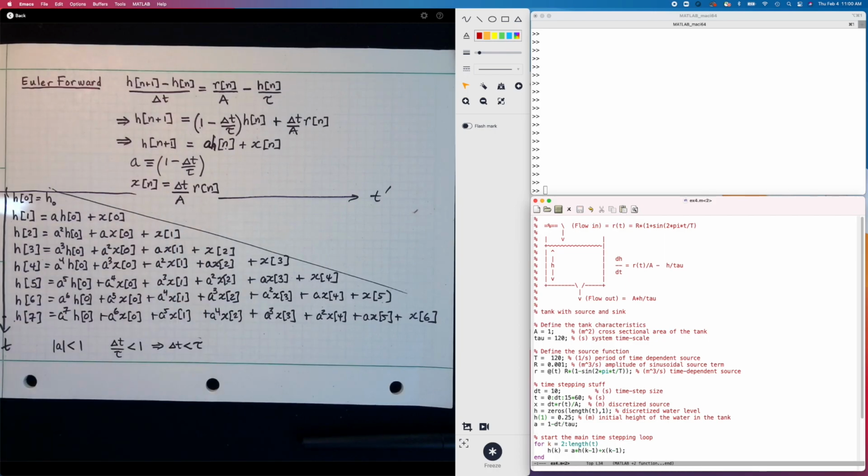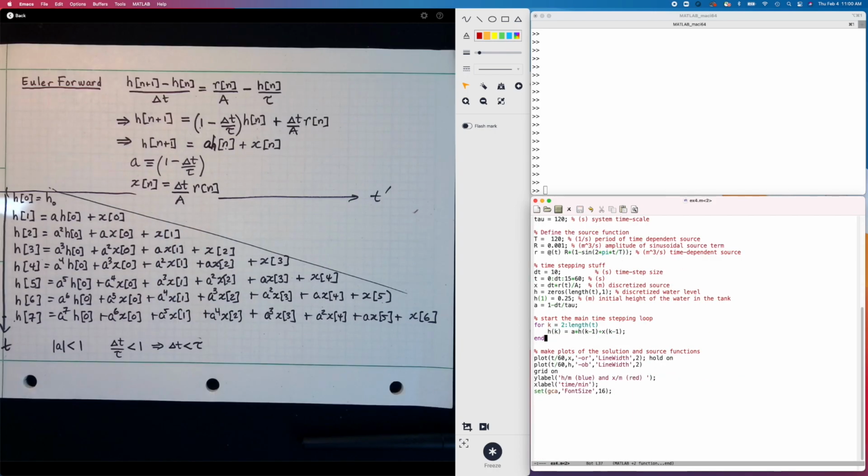And then I do the loop to do the Euler forward time stepping scheme. So h at time k is a times h at the previous time step plus the input from the source function. And then I make some plots. I plot the water level in the tank in blue and the forcing in red, and label the axes. So let's run it and see what we get.